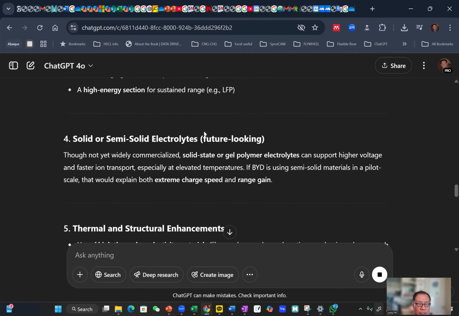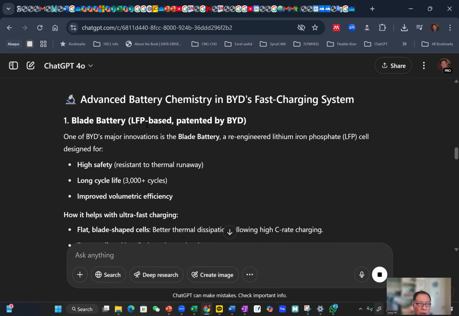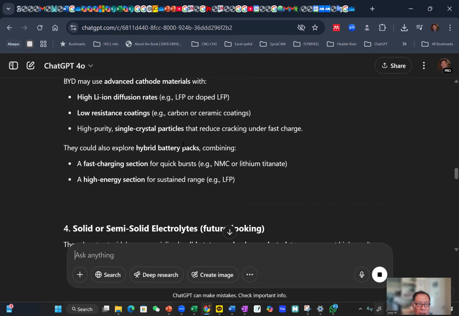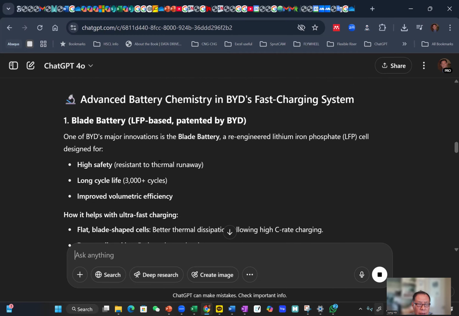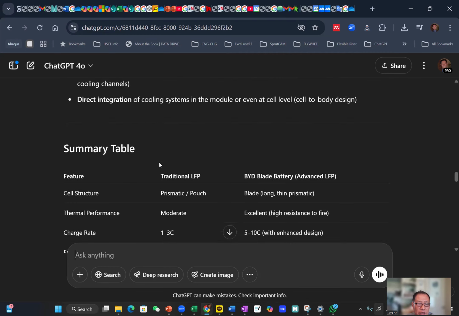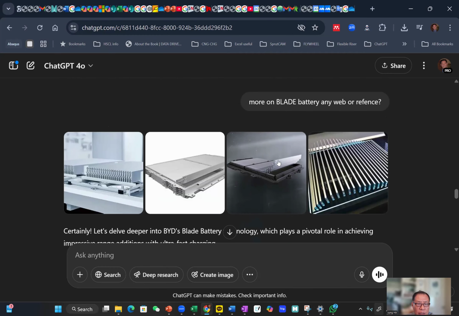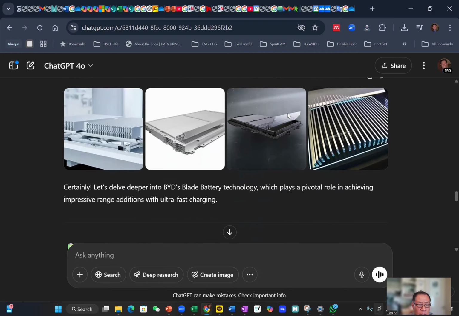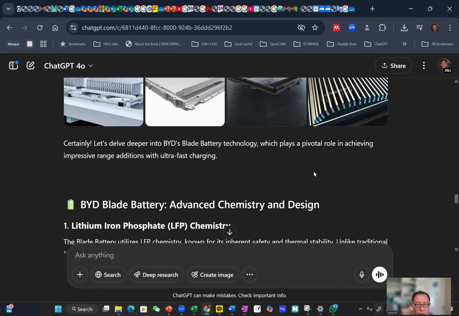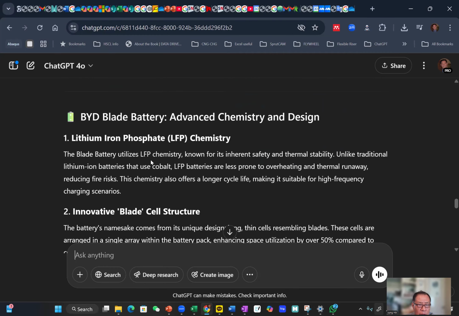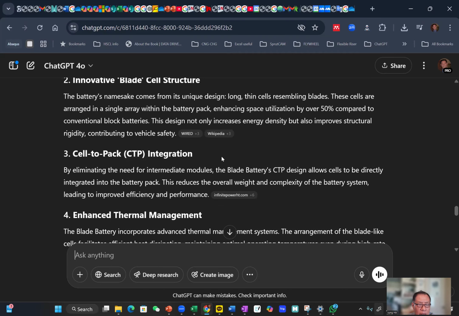Yeah, it described the blade technology as the number one factor which advanced the battery chemistry, while others are kind of combinations, but the blade looks like a very new one. So I asked for the information on the blade battery. Let's delve deeper into the blade battery technology, which plays a pivotal role in lithium iron phosphate LFP chemistry and the innovative blade cell.